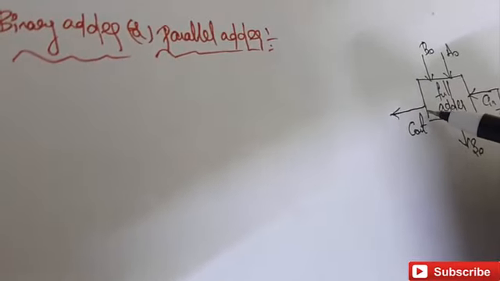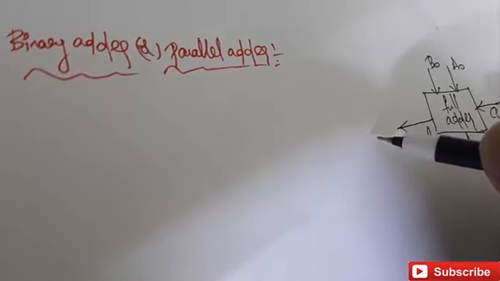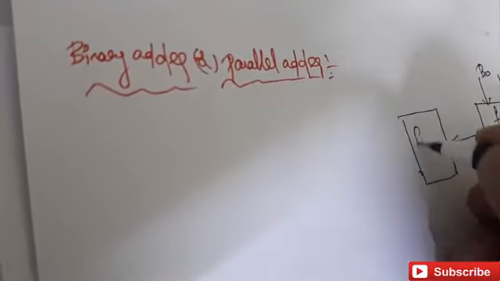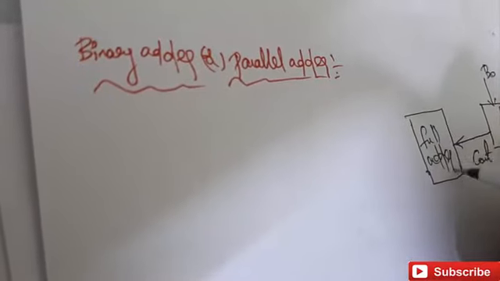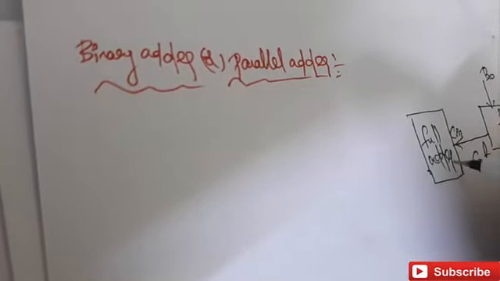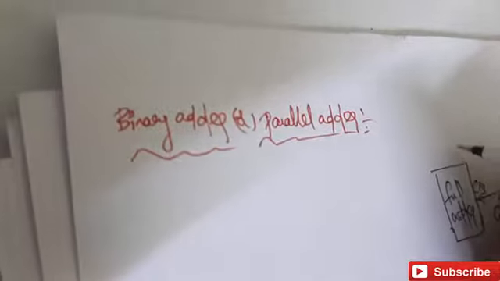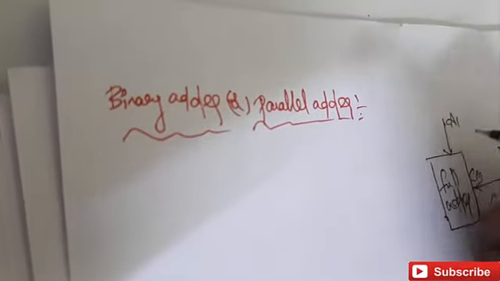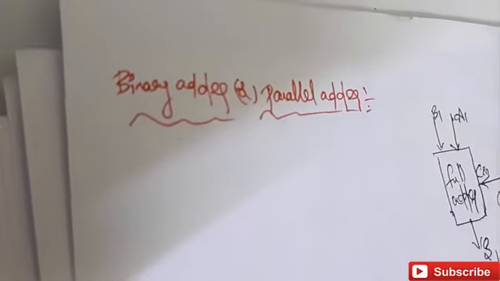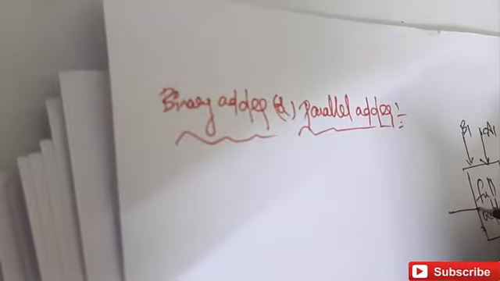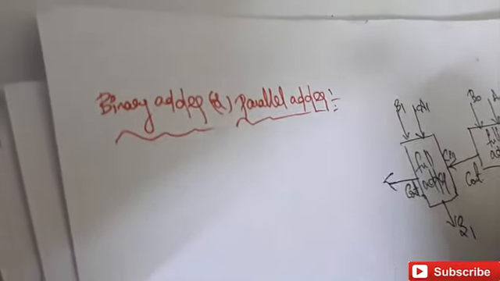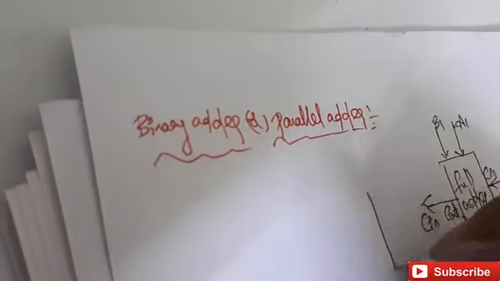This output can be connected as an input to the next full adder. That means this will be another full adder. This will be the C input, and this output is given as input to the next full adder. Here this will be A1, this will be B1, and this will be S1. Similarly, this will be the C output and this will be the C input.